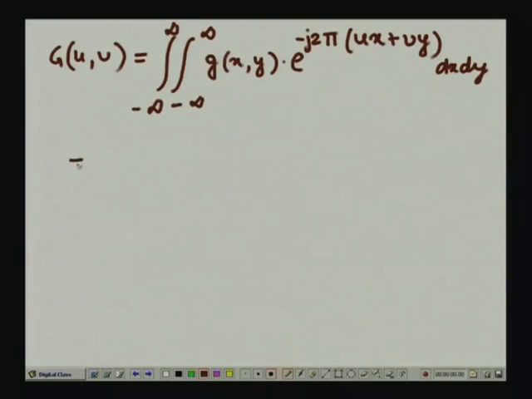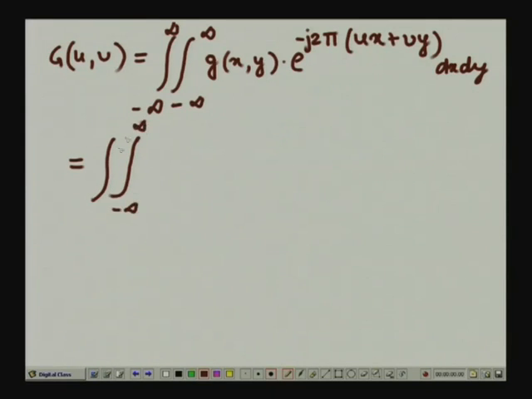Using this expression, we can find G(u,v), the Fourier transformation of the degraded image g(x,y).